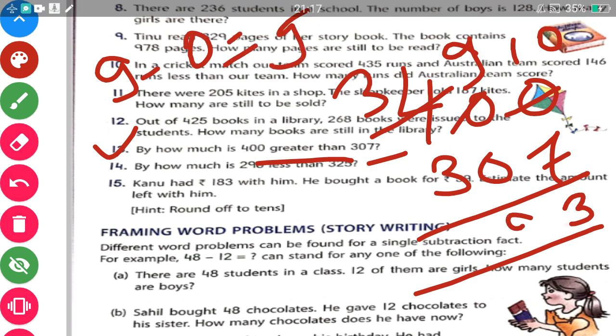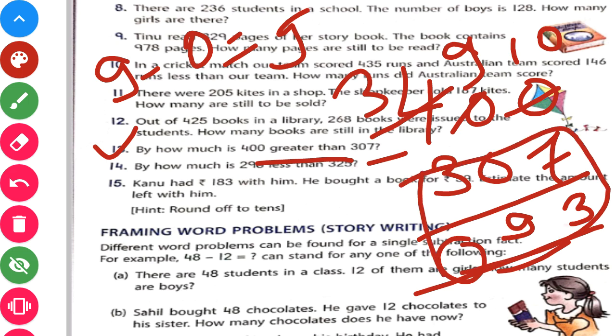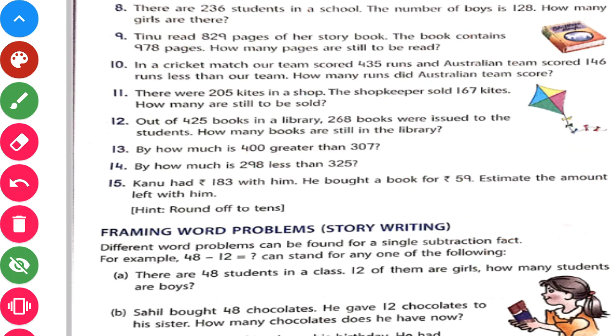And 3 minus 3 will be 0. 93. So, if we add 93 to 307, we will get 400. Now, question number 14 is very much similar to question number 13. Do it yourself.